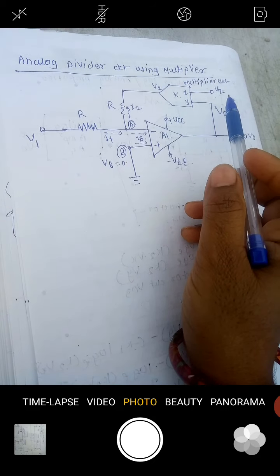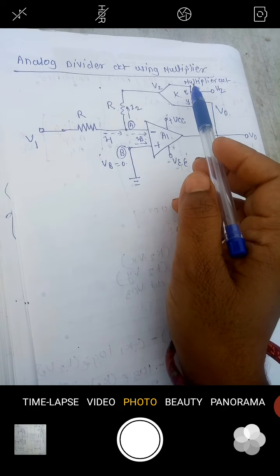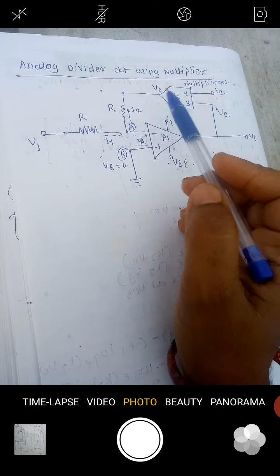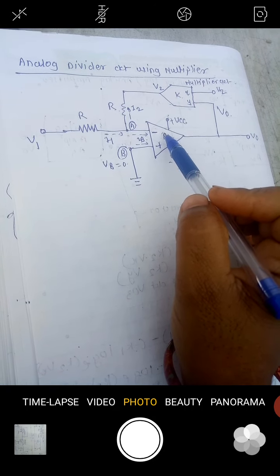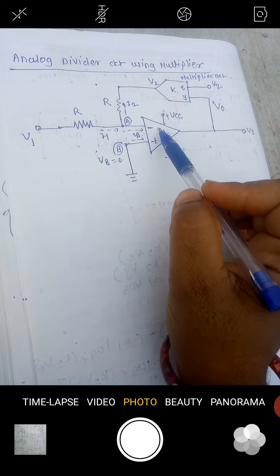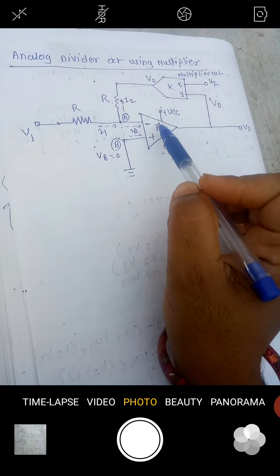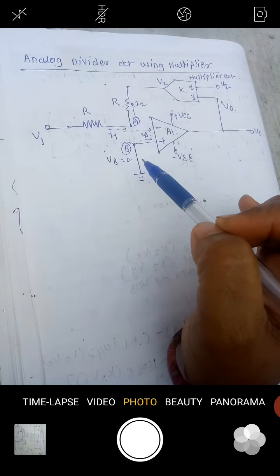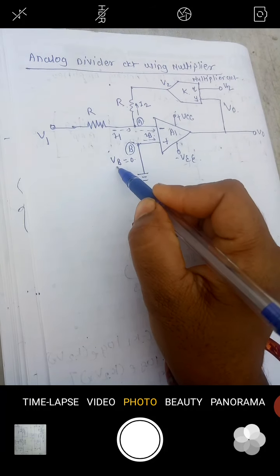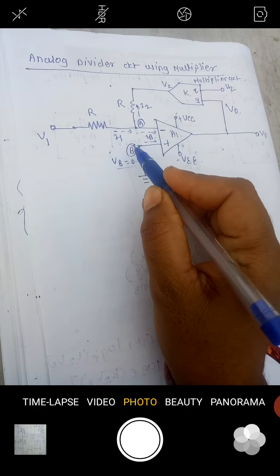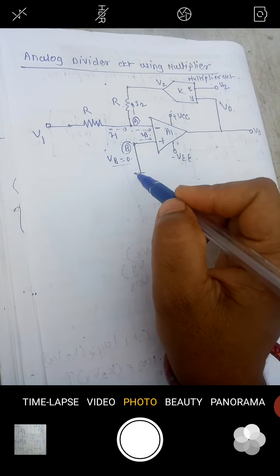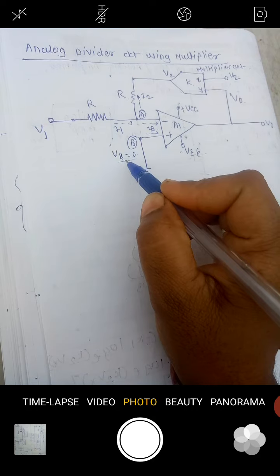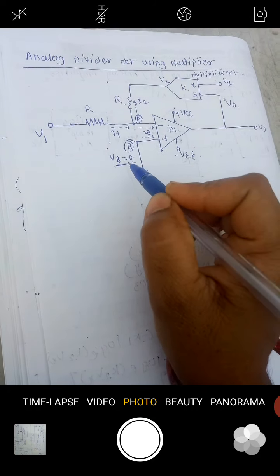Here V1 is the numerator terminal and V2 is the denominator terminal, so that output is V1 upon V2. V2 is applied across one of the inputs of the multiplier circuitry, and V1 is applied at the inverting terminal of the operational amplifier circuitry. Node B is connected to ground, so the potential at node B is 0.